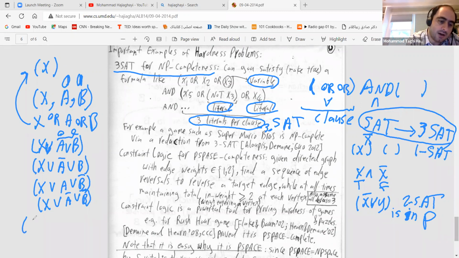What about if the clauses have size 2? What can we do for them? So please unmute and answer.